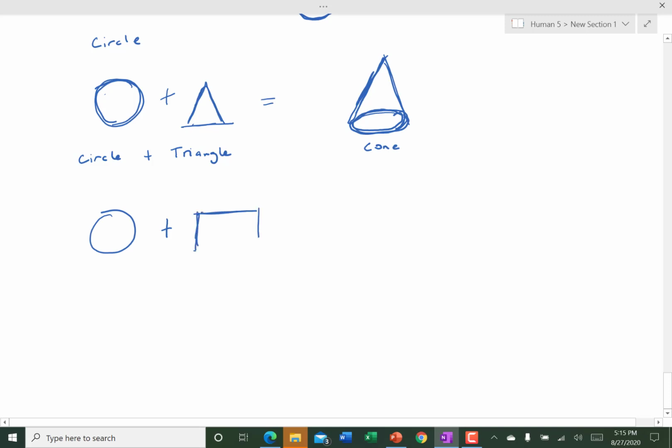Which is kind of the derivative of the square. And so here you have the circle, and then you have the rectangle, and then the circle again. And what we don't see is the rest of that circle.